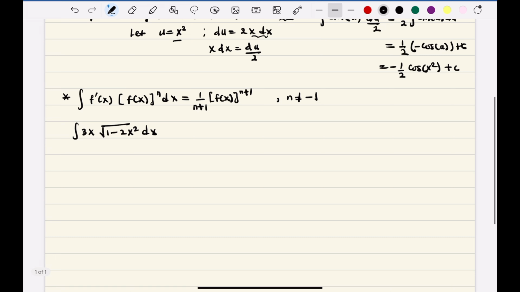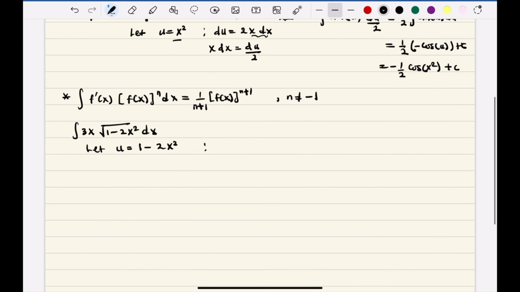Let u be equal to 1 minus 2x squared. Let's take the derivative of u with respect to x. Differentiating 1 gives 0 because 1 is a constant, and differentiating negative 2x raised to power 2 gives exactly negative 4x, then multiplied by dx.